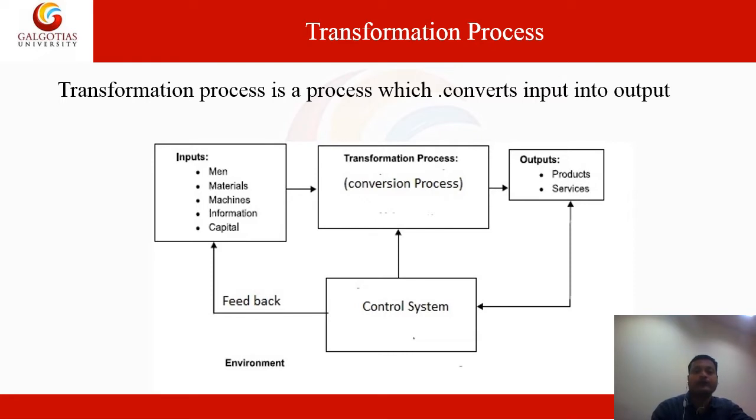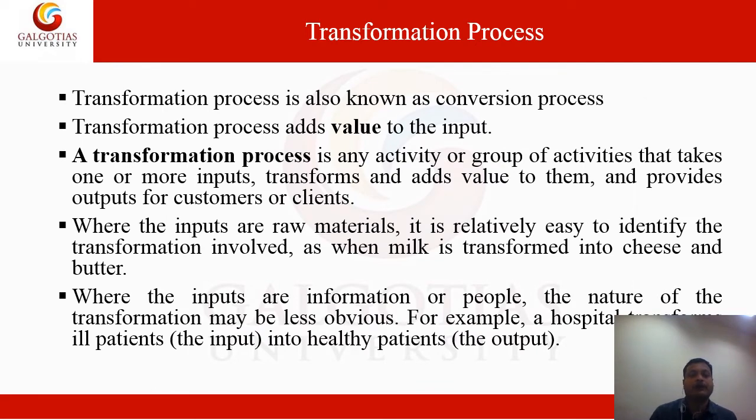If you see this diagram, you can see the transformation process which connects input and output, or you can define it this way: the transformation process converts input into output. So in every transformation process, value addition is taking place. That is, value is being added to the input. That is why input is converting into output.